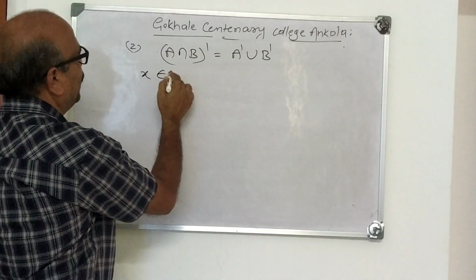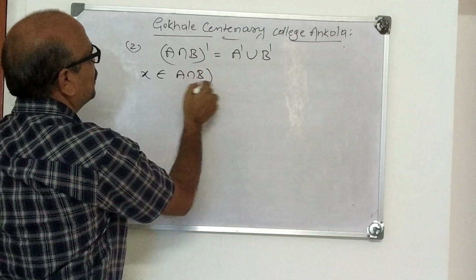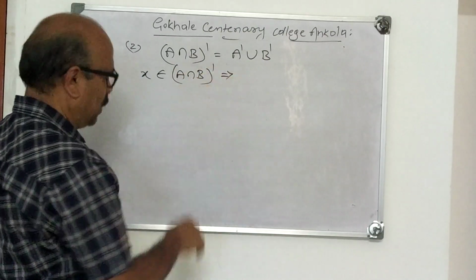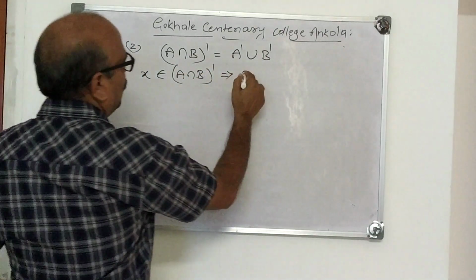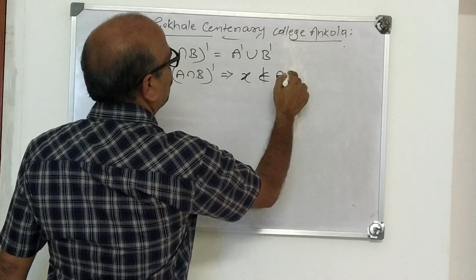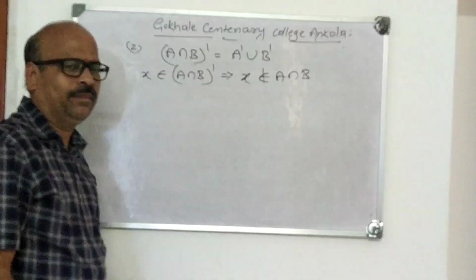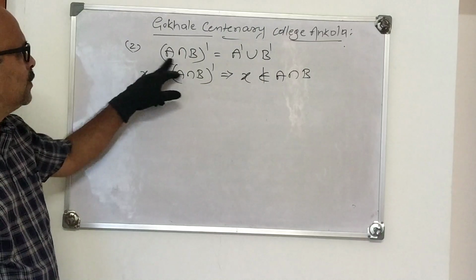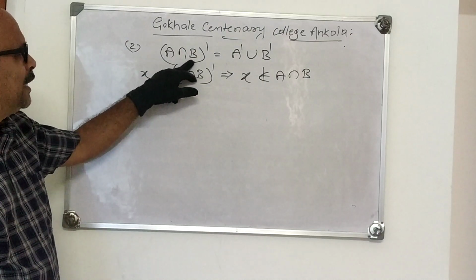First we take x belongs to A intersection B complement. What does this imply? x doesn't belong to A intersection B. We take x as an arbitrary element of the left hand side.